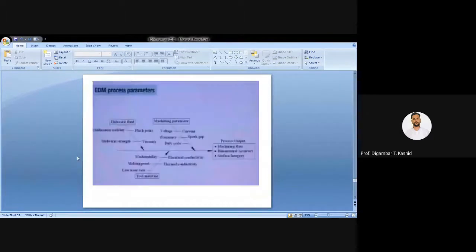Now let us move to the next point, that is process parameters. I request all of you to please draw this diagram. This is also important because you will not get this diagram in any book. I have taken this diagram from one of the NPTEL courses; you will get it in that NPTEL course. So, EDM process parameters.